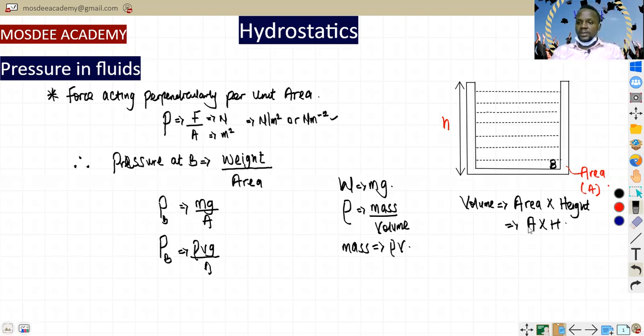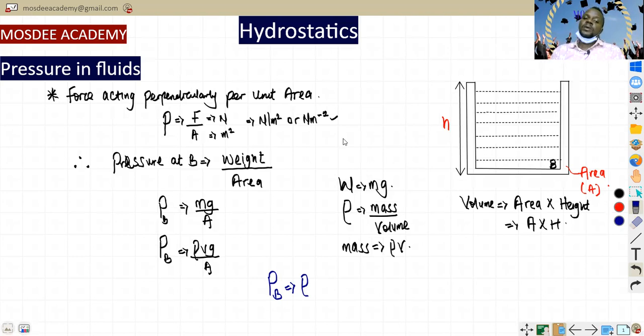So finally, the pressure at B is equal to rho, which is density. Please, rho is not P. P is pressure, rho is density, the density of the fluid. Density is mass per unit volume. The volume is the space occupied by the container.